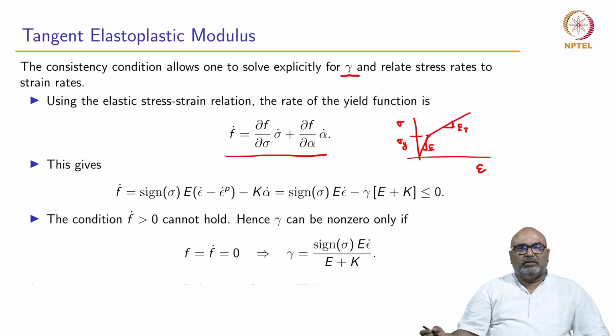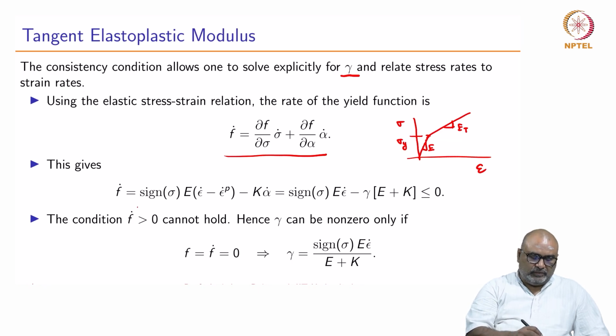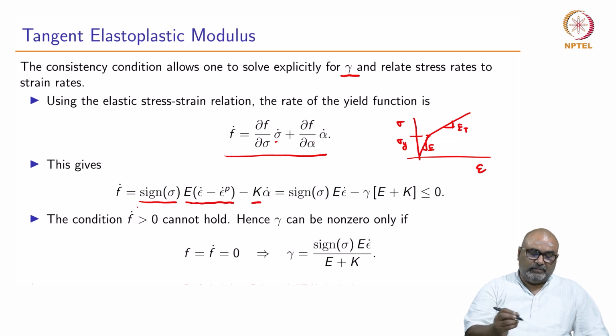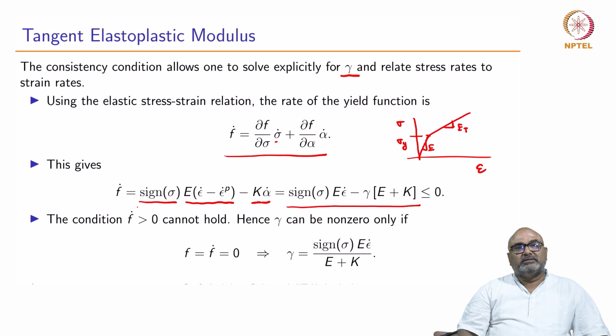Now, f dot is equal to 0, and we can substitute for ∂f/∂sigma, which is sign of sigma, and sigma dot, which is written as E times (epsilon dot minus epsilon dot p). ∂f/∂alpha is k, which we have seen in the previous slide, and alpha dot remains the same. Substituting these values we get sign of sigma times E times epsilon dot minus gamma times (E plus k) must be less than or equal to 0.